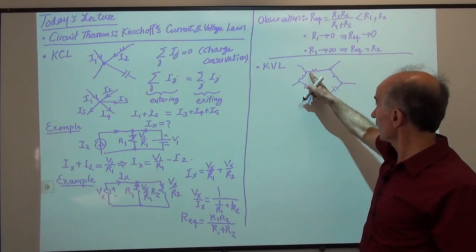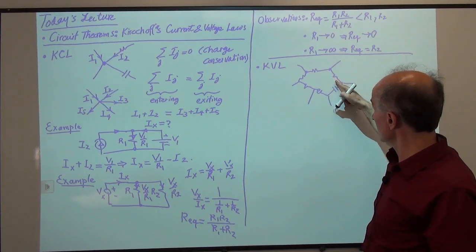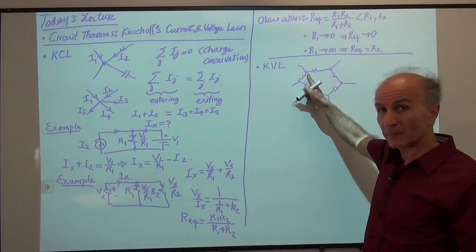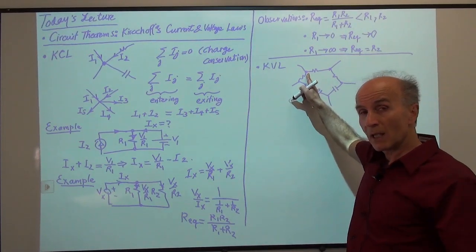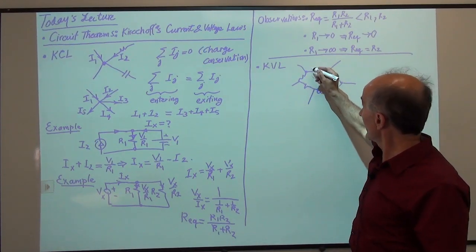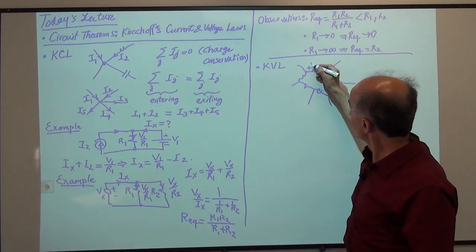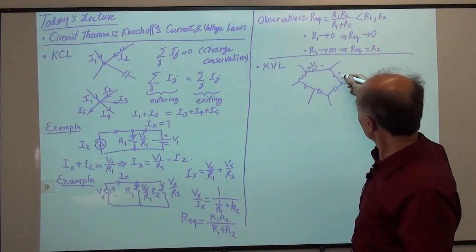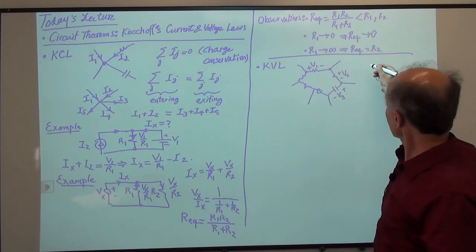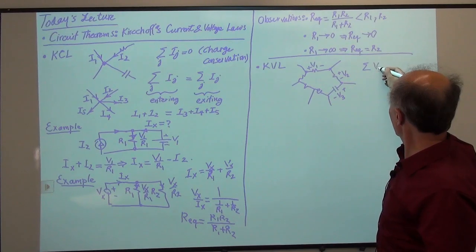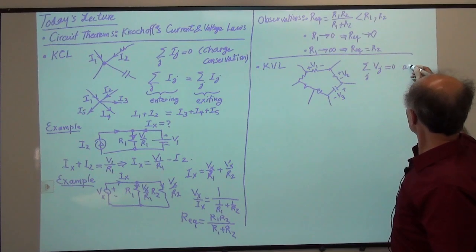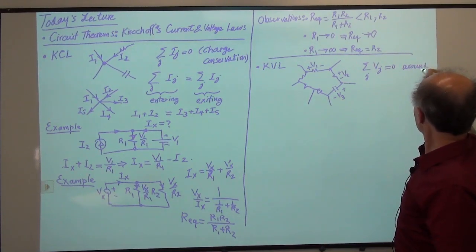So if I start from here and I travel along this resistor, this capacitor, this inductor, this resistor, and this resistor, I come back to the same point. So around a loop, the sum of the voltages has to be 0. For example, if I call this voltage V1, and this V2, and this V3, and so on, then I can say that the sum of Vj over j equals 0 around a loop.